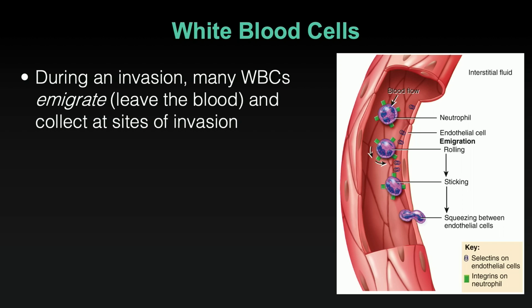They do that by, let's take a look at this neutrophil moving through the blood. The surface of the neutrophil has some integrins or adhesion molecules on the surface, molecules that will stick if the right counterpart is found.